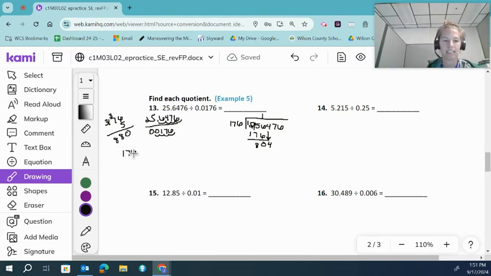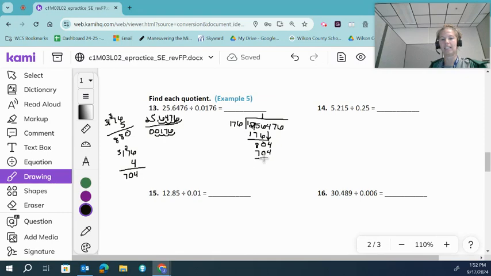So 176 times 4. 4 times 6 is 24. Carry my 2. 4 times 7 is 28, plus 2 is 30. Then 4 times 1 is 4, plus 3 is 7. So I get 704.